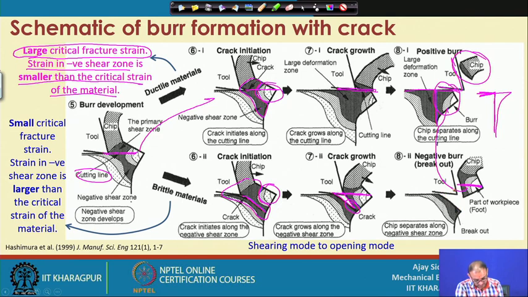So now this much material is removed, and this part of the workpiece is called the foot. That is the name one researcher has given, the foot burr, and this is called the breakout. It is a breakout because the crack is initiated in this location, and because of that you are getting a chip out of this part, but still there are some burrs available.